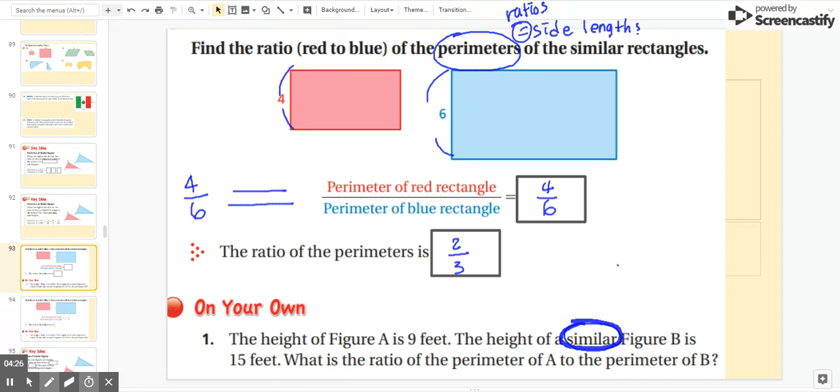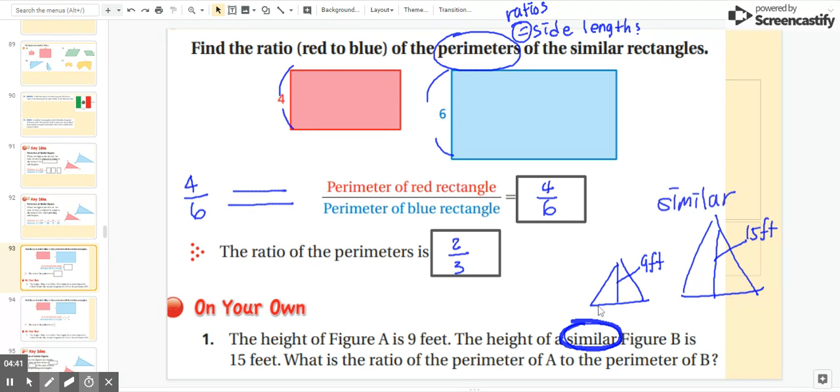So what's the perimeter ratio? It's still 9 to 15, which is 3 to 5. So if the question is asking about perimeter, like I showed you in the previous slide, then you just add them all up, and it's going to be the same as the side length ratio.